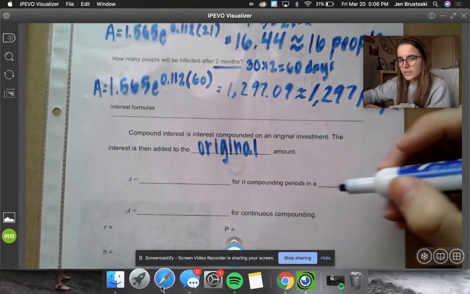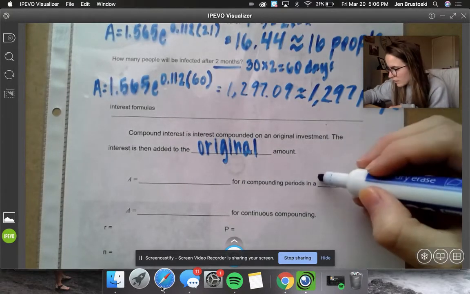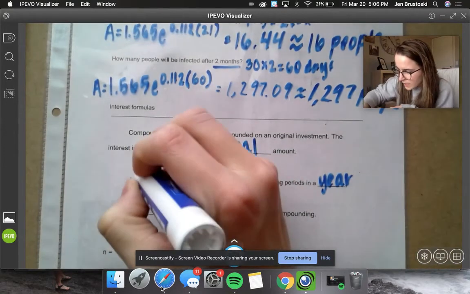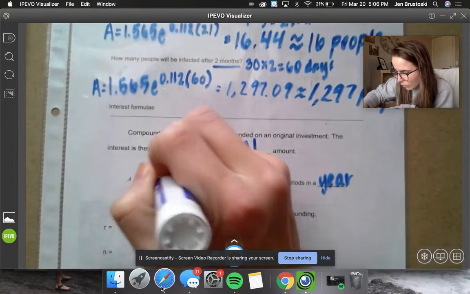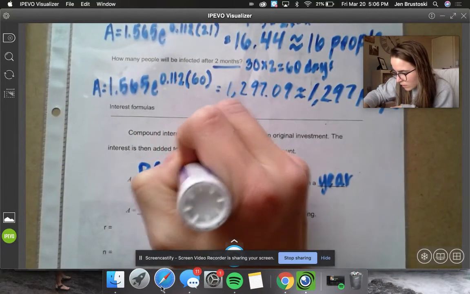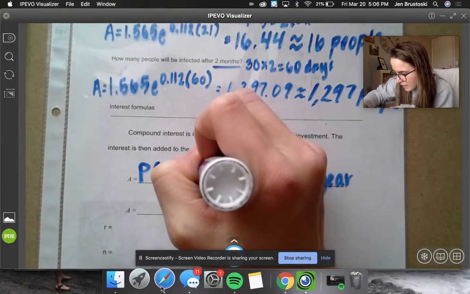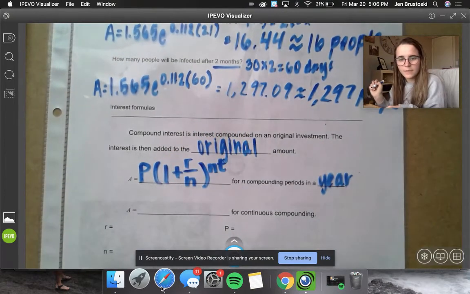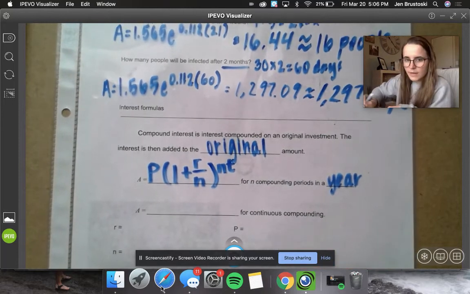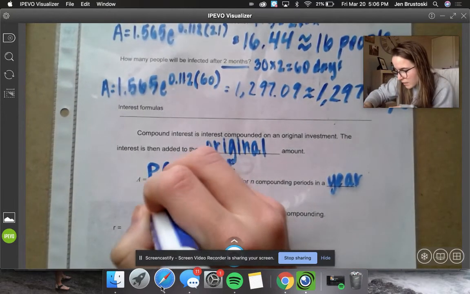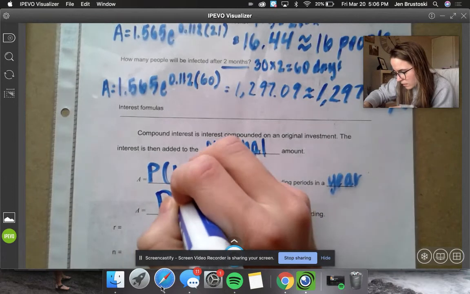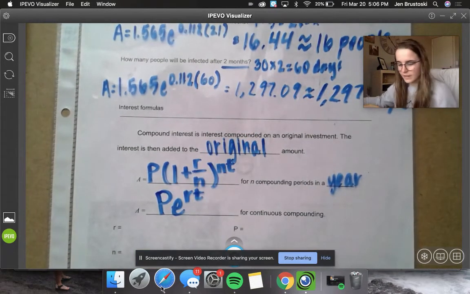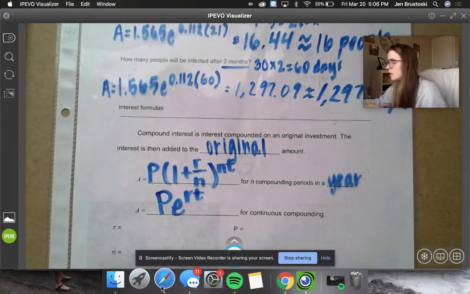So with the compounding periods in a year, that's this one here. Here's our equation. It's going to be P times the quantity 1 plus R over N to the NT. And then if we have continuous compounding, it'll be P E to the R T. That one's PERT. It should be very easy to remember, especially if you watch Parks and Rec.